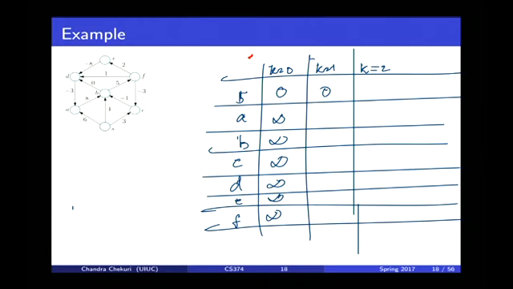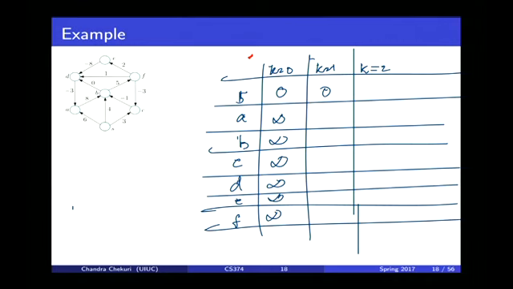But let's look at A. What is d_A(1)? That is the shortest walk from S to A using one edge. We know from this graph that it is either the min of d_A(0), because I don't need to use the edge, or we look at all the edges coming into A. I could come into A from any of those vertices.